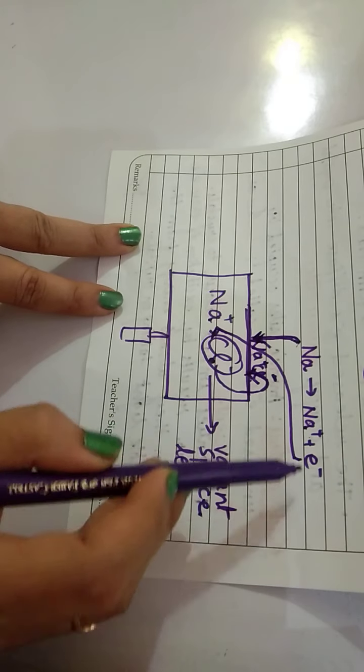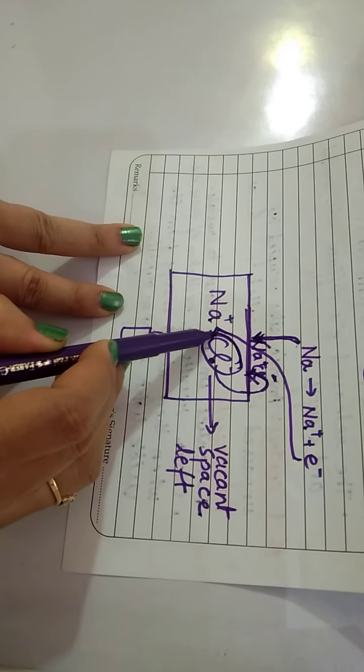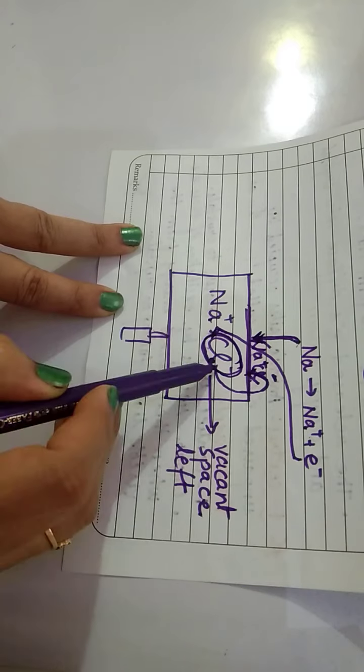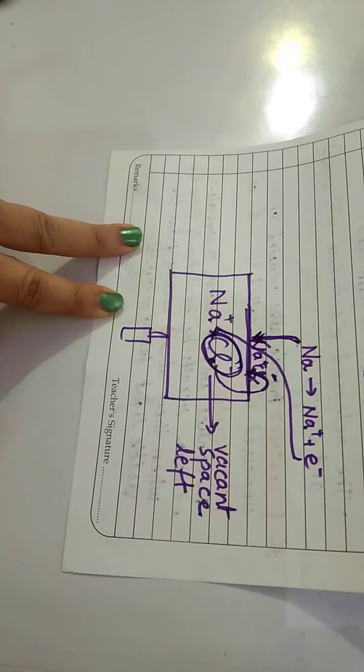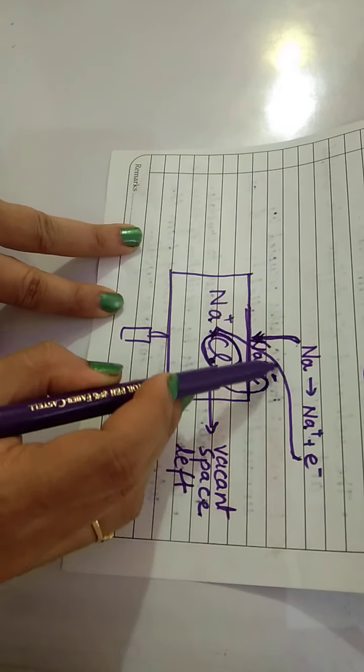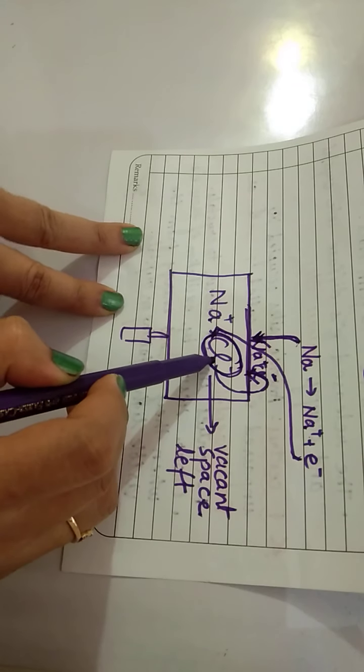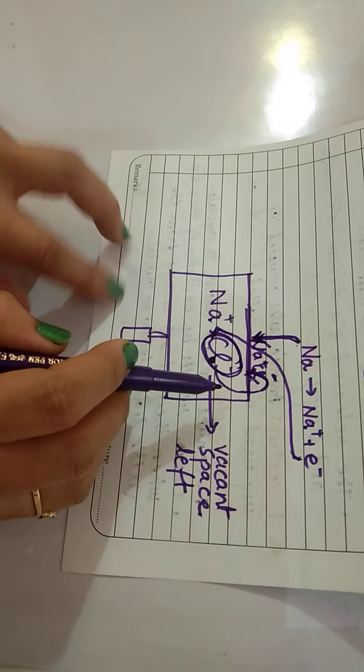Now this electron is left and this site of Cl negative is vacant because Cl negative has moved to the surface. Now this electron will go and occupy the site of Cl negative. So this type of defect is known as metal excess defect.